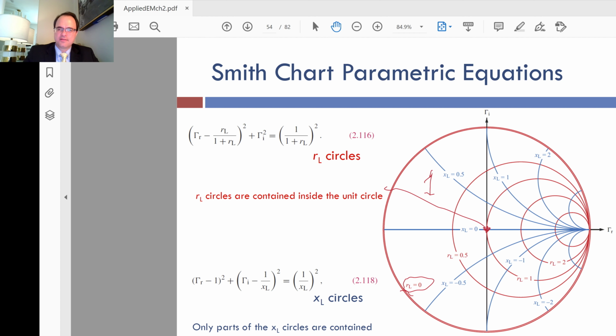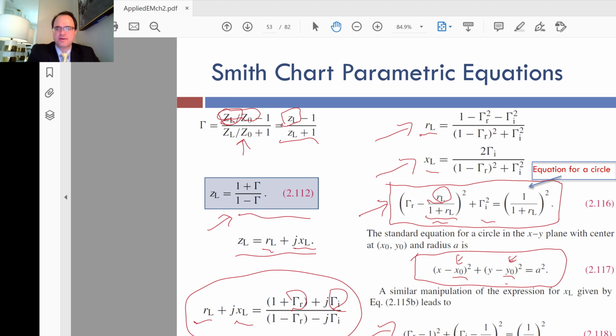Now, let's go back to the slide. As RL becomes progressively larger, so no longer 0, we will still see it's always centered about y equal to 0. But now the x position changes. As RL goes from 0 to a large value, we get large over large. It should go to being centered around x equal to 1, X naught equal to 1, and with the radius becoming progressively smaller and smaller. 1 over a large number is small.